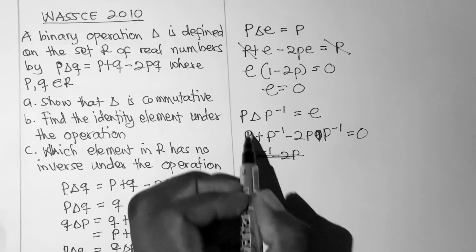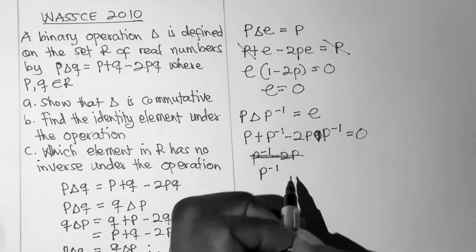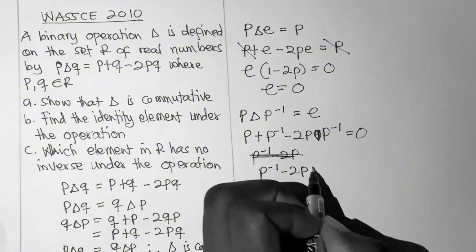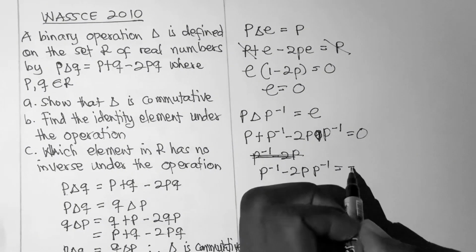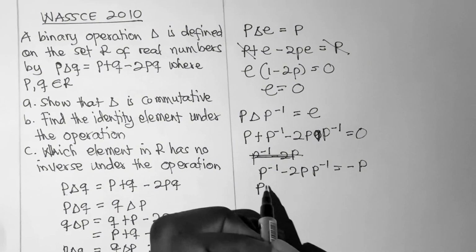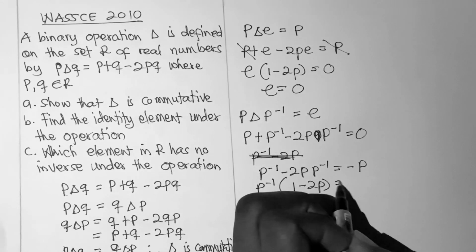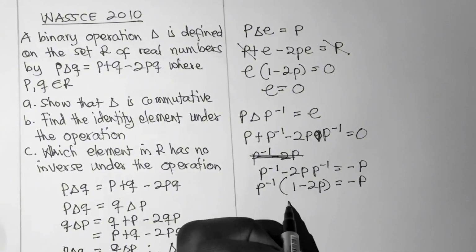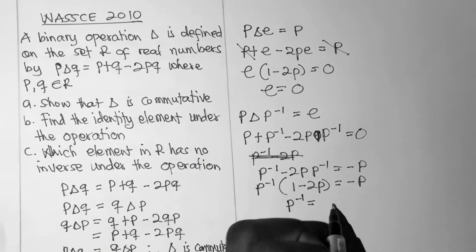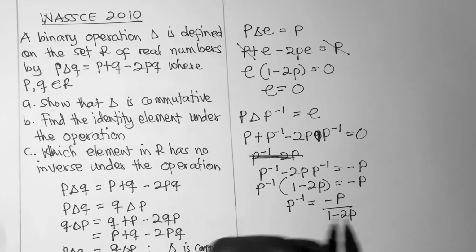So let's take this P to this side of the equation. So it becomes P inverse minus 2P P inverse equals minus P. So let's factorize P inverse out. We are left with 1 minus 2P equals minus P. So therefore P inverse is equal to minus P over 1 minus 2P.